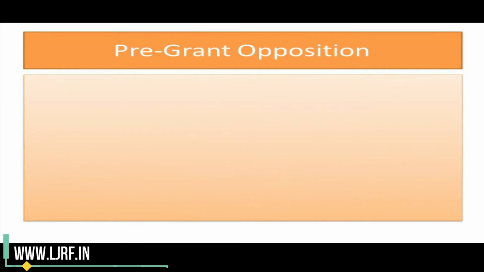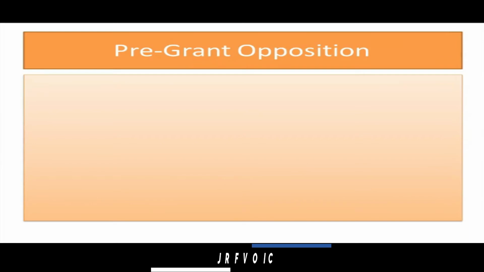So once you are through with your patent application, either the examination has happened and there was no objection, which is one of the possibilities, or if there is an objection, and after hearing and production of documents you come out successfully, then there is another procedure, another challenge you have to face.